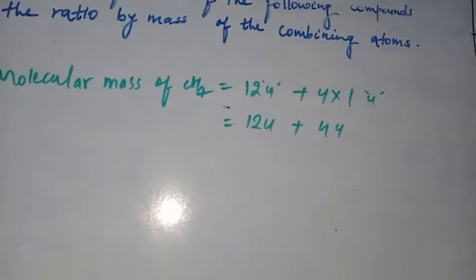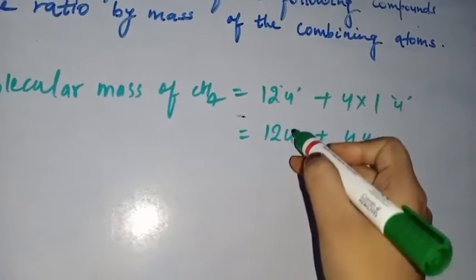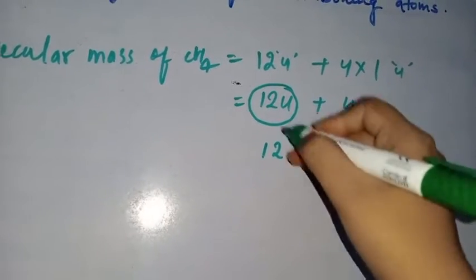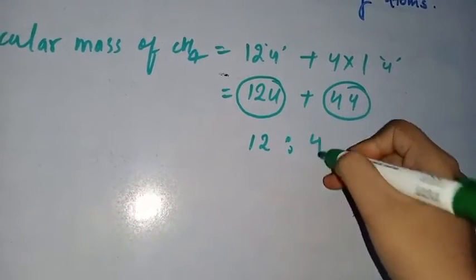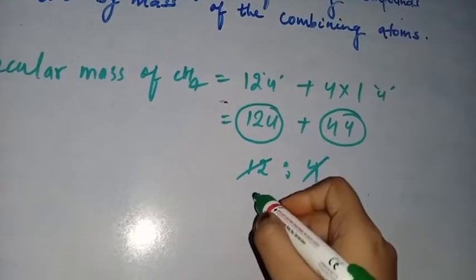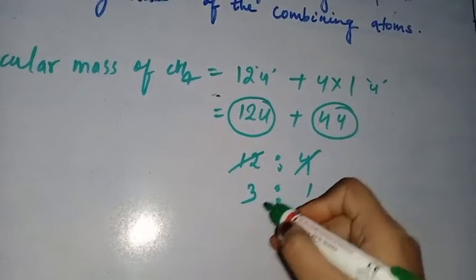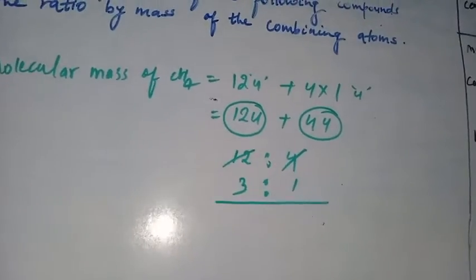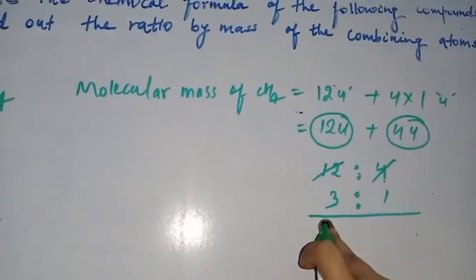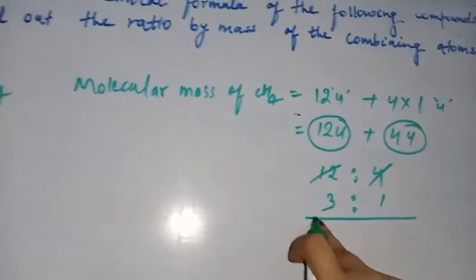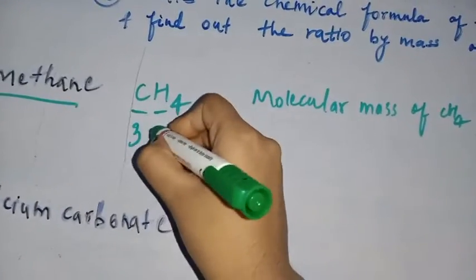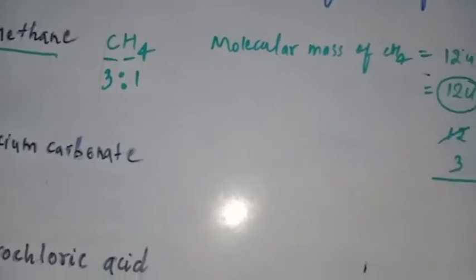That means carbon is in the ratio 12 and hydrogen in the ratio 4. 12 is to 4, we cancel it out, 3 and 1. So the simplest value we have got is 3 is to 1. So in methane the combining atoms are in the ratio 3 is to 1.